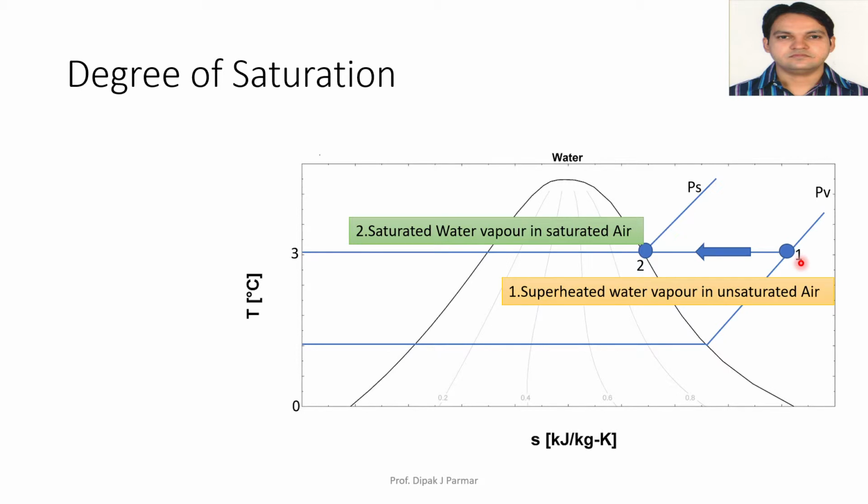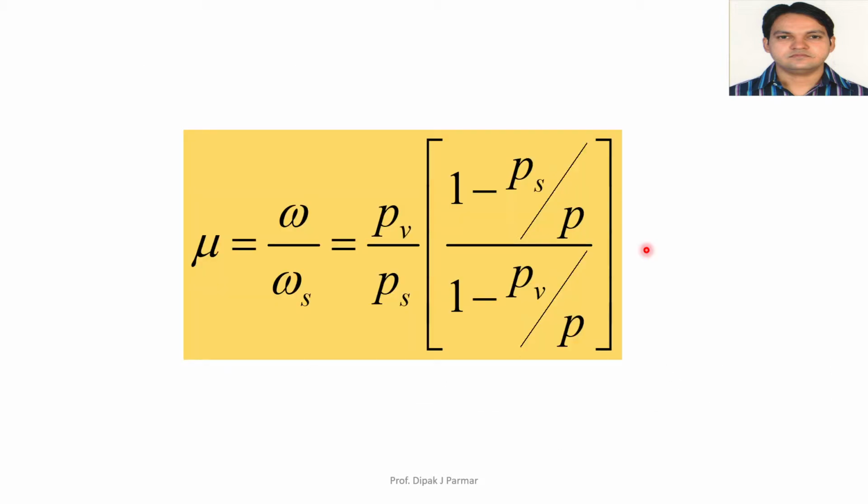Once you have point 1, you can get the specific humidity at point 1. After vaporization, when it comes to point 2, we can calculate the specific humidity at point 2. The ratio of the specific humidity at point 1 to the specific humidity at point 2 is called the degree of saturation. In terms of pressure, it can be written like this.